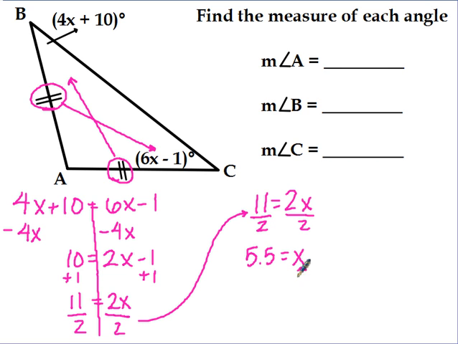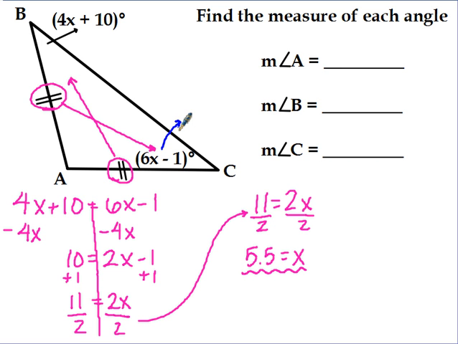Now that's just a value, that's just an x value. That's not representative of any angle. I'm not going to say that A equals 5.5 or B or C. None of them equal 5.5. 5.5 is simply the value of x. So what I need to do now is plug it in.